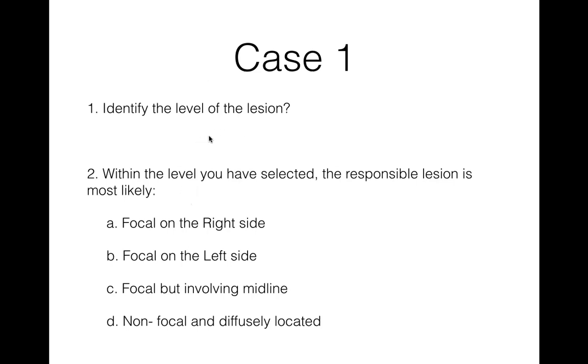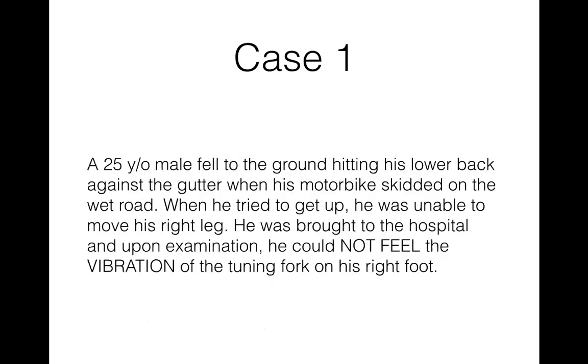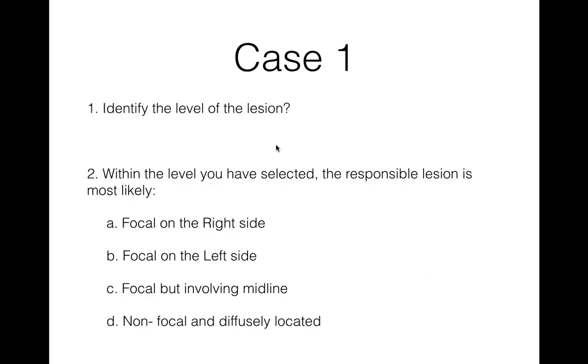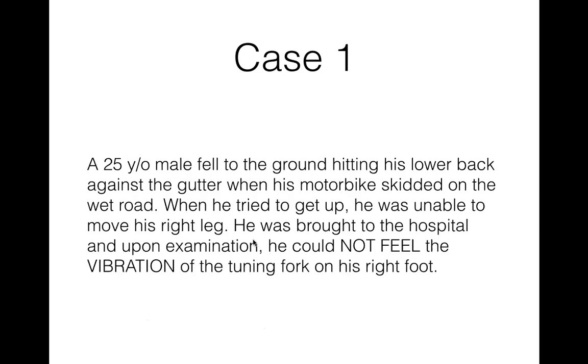So based on the history, we can say that the level of the lesion is most likely spinal. And based on that, the responsible lesion is most likely to be where he could not feel the vibration of the tuning fork on his right foot.